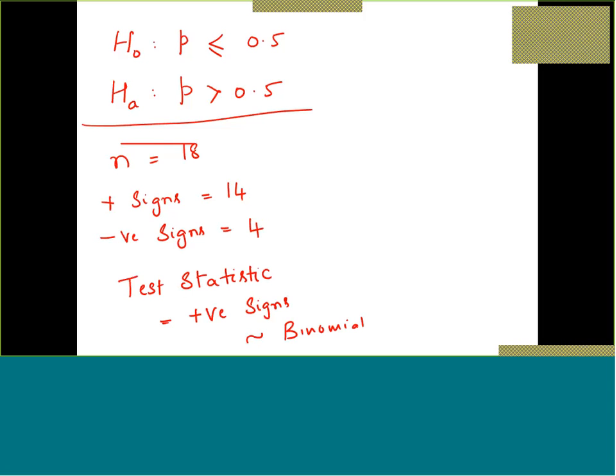With parameters N is 18 and P is 0.5. Now you have to calculate the P value. So how do you calculate the P value in the binomial? So P value is, it is an upper tail test, no need to double it.